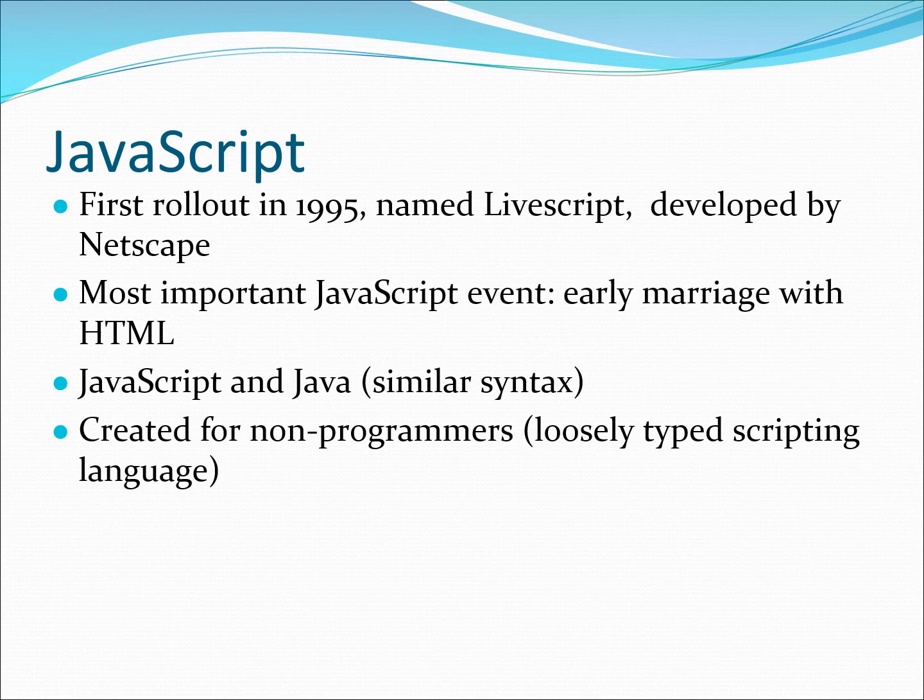It was created for non-programmers, so JavaScript can be easily used by non-programmers, and it is usually a type of scripting language. There is no particular logic behind it, and if a person is not a programmer, he is also able to do JavaScript coding.